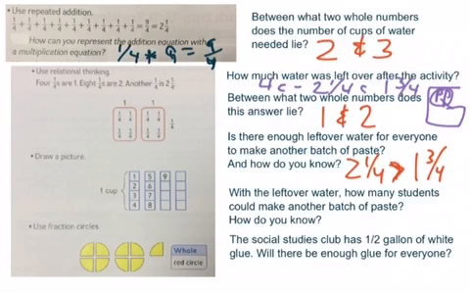I don't have enough. Okay, with the leftover water, though, how many students could make another batch? I know I don't have enough for everyone to make one, but how many could? And how do you know that? So draw back. You know that it takes a quarter for each person. So how many 1/4 am I going to get out of the 1 3/4?